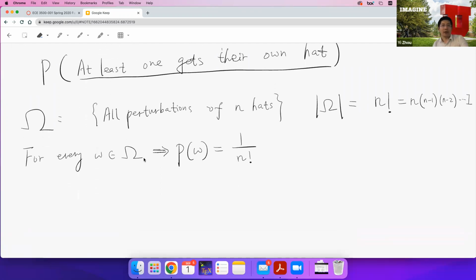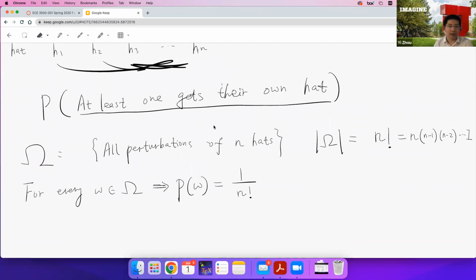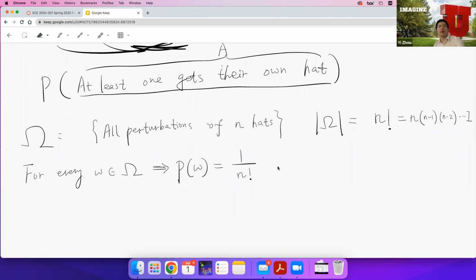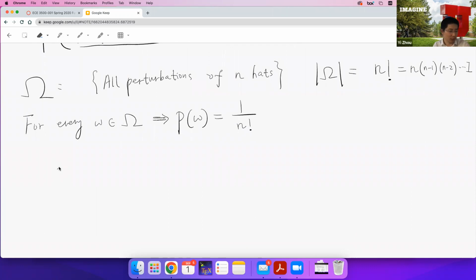A better way, let's call this entire event A, is to try to decompose this event into a set of simpler disjoint events. And for those events, it might be easier to calculate.